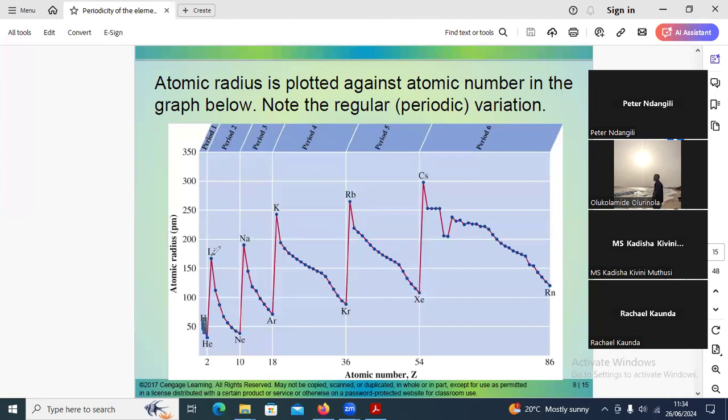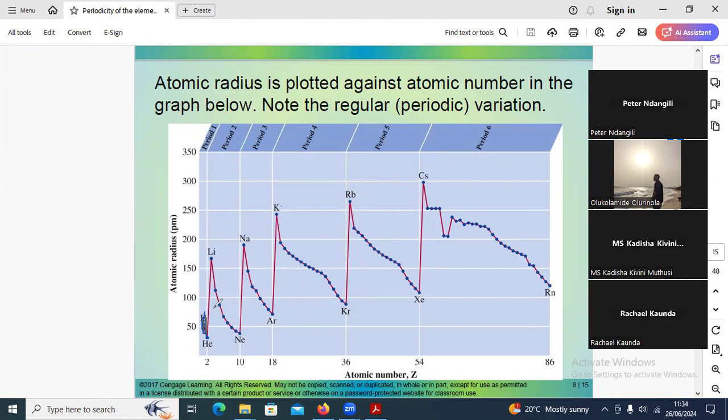Now, from hydrogen to lithium is down a group. And you realize that it is increasing from hydrogen to lithium, to sodium, to potassium, to rubidium, and to cesium. Here we are going down a group.